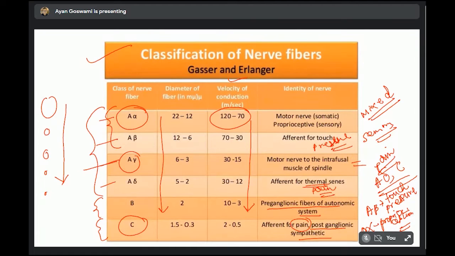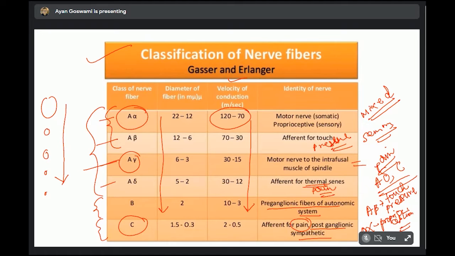So this is classification A, B, and C, and under A, another 4 classification: A alpha, A beta, A gamma, and A delta. And from top to bottom, from A alpha to C, diameter decreases and velocity also decreases, because A alpha is most myelinated and C is completely unmyelinated, right? So you need to remember this classification.